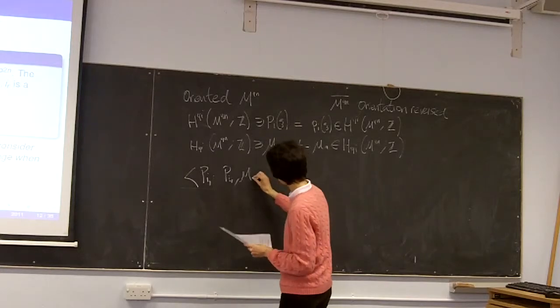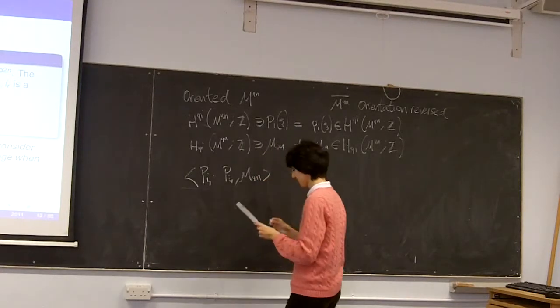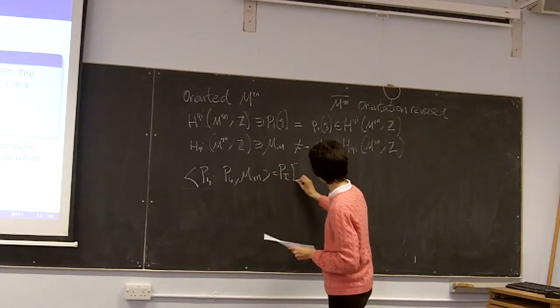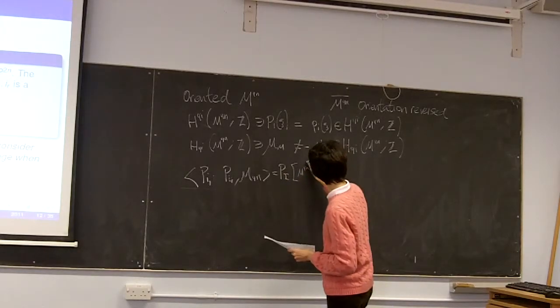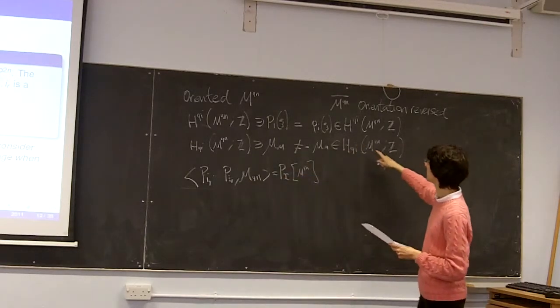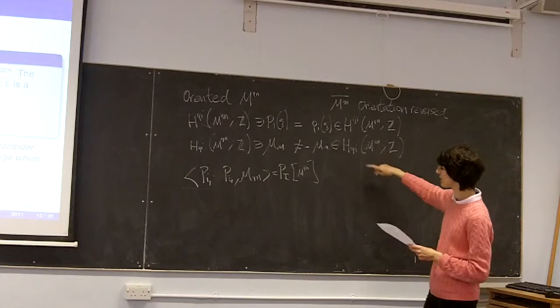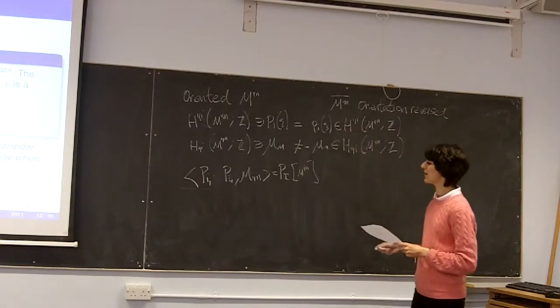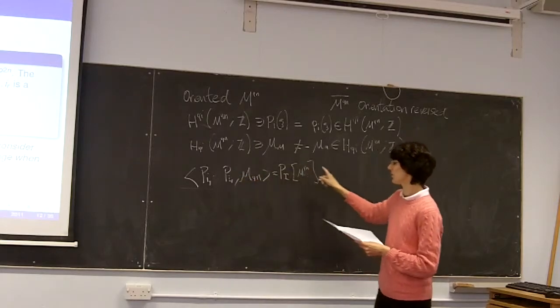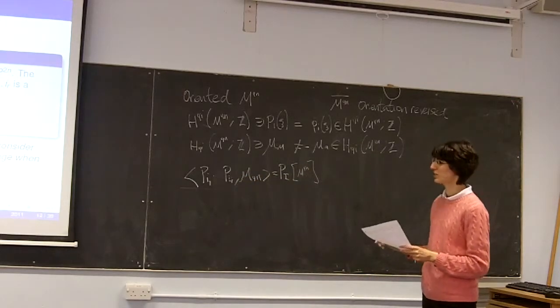Evaluating this against the orientation class gives us the Pontryagin number. If I write this down again for the differently oriented manifold, I have to change this sign here. So the Pontryagin numbers are not going to be the same.